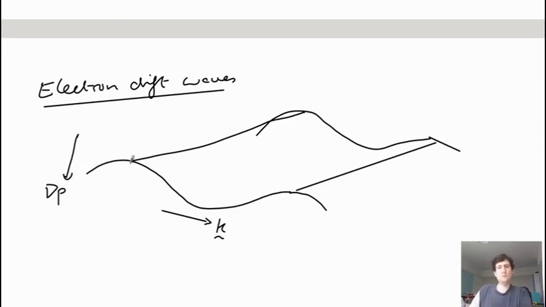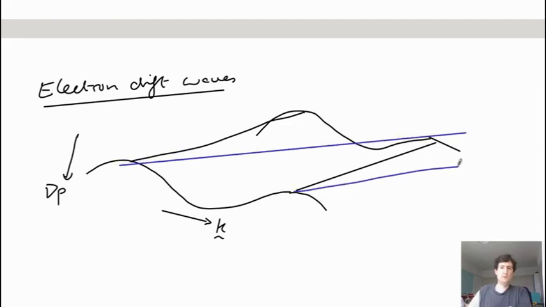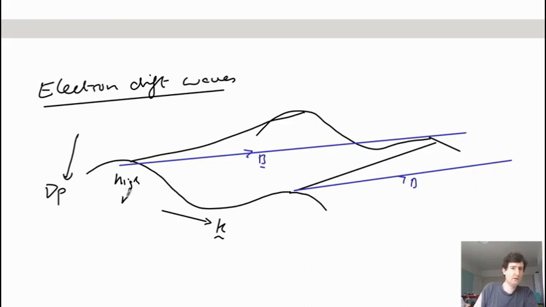So it's not exactly perpendicular, not exactly parallel, but at an angle to the field lines. This is the B field here, and so there's a k parallel. Here there's a trough, a peak, and then another trough, so the pressure is varying along the field as well as perpendicular to the field. So if you have some small perturbation to the density, say, what's happened is that we have a high density here, and a low density here.